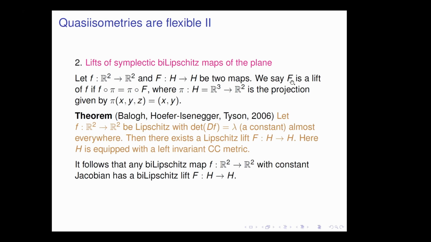We say capital F is a lift of little f if you have a commuting diagram: little f composed with pi equals pi composed with capital F, where pi is the projection from the Heisenberg group onto the plane. With the identification of H with R3, it's the usual projection from R3 to R2.